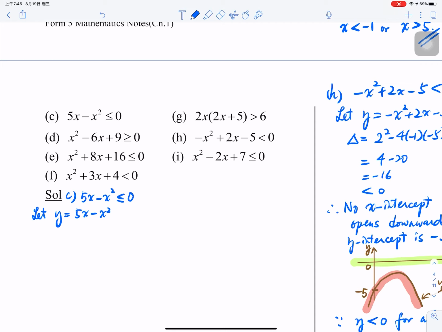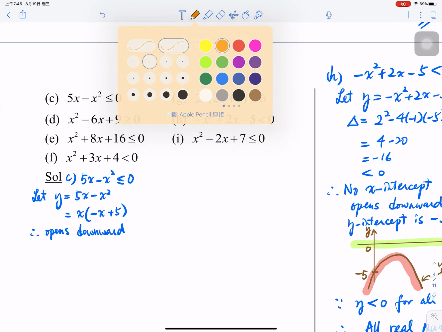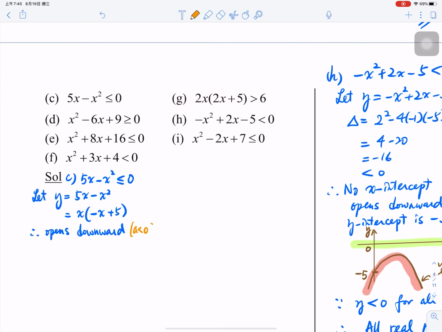Whatever, you'll get x and then negative x plus 5, right? And you'll see that this one opens downward. Do you remember why it opens downward? Correct, because here is negative 1, a smaller than 0. Maybe I write here, a smaller than 0 this time.